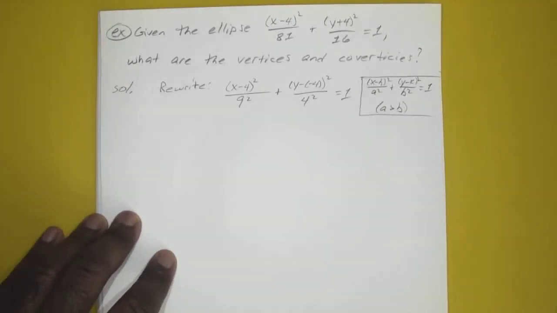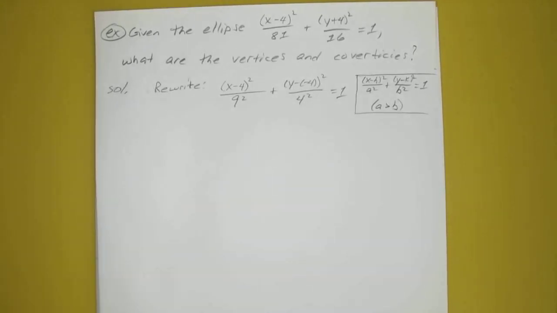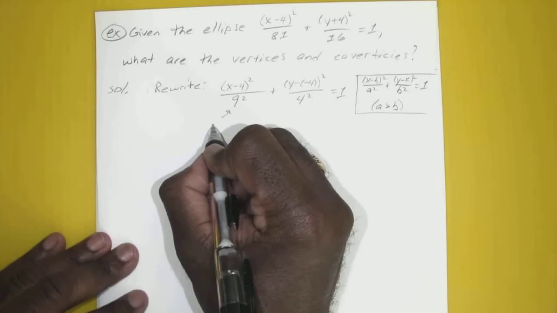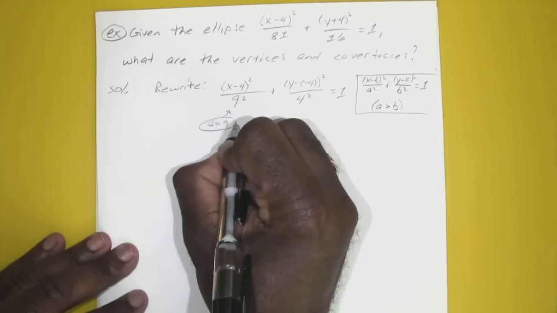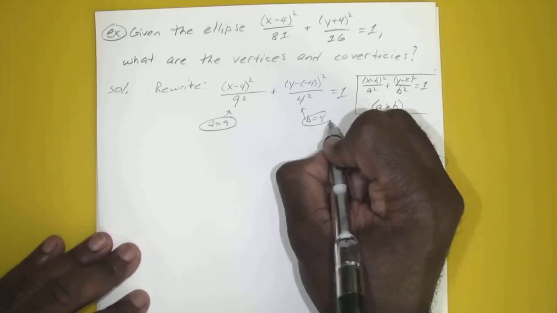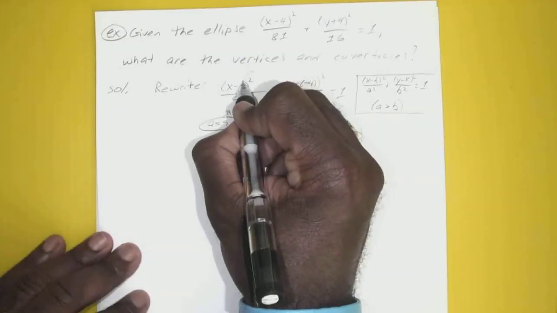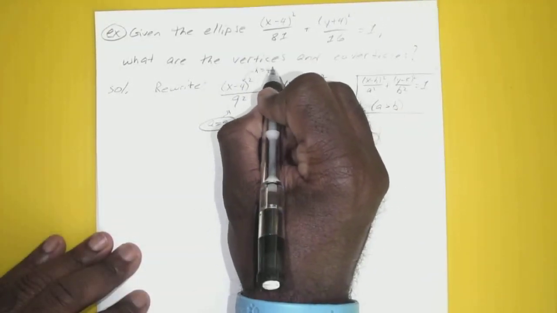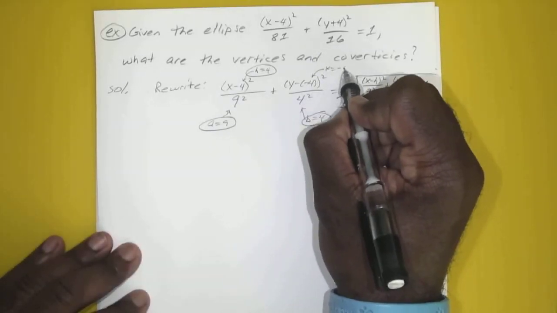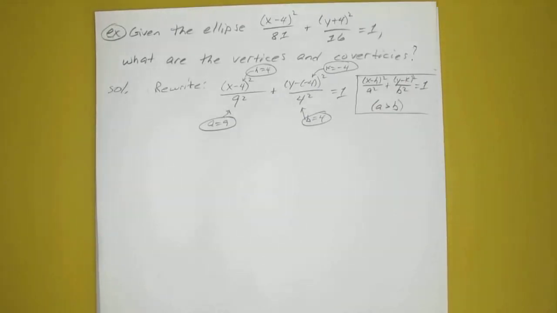Okay, so since you know a has to be bigger than b, that means our a is equal to 9, our b is equal to 4, our h is equal to 4, and our k is equal to negative 4. Okay, so just rewriting it lets us know all those little details.